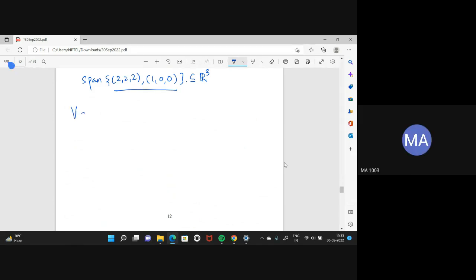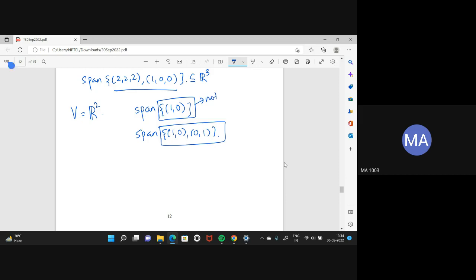So let's take our vector space to be R2. What is the span of (1, 0)? The X-axis. So is this a spanning set for R2? No, ma'am. What is the span of (1, 0), (0, 1)? R2. Is this a spanning set for R2? Yes. So this is a superset of this set, right?